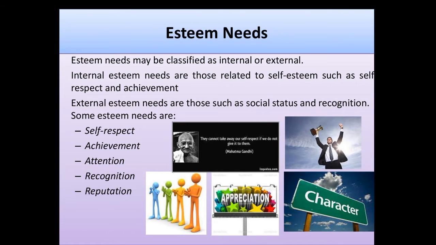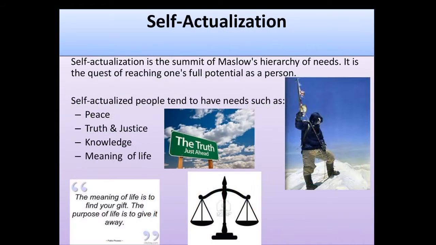Once these three needs are satisfied, the fourth need is this: self-respect, achievement, attention, recognition, reputation. These are the things you will be expecting after the three needs are satisfied; only then will you look for the fourth need, esteem needs. And once this need is satisfied, then you will go for self-actualization, where we'll be talking about knowledge, truth and justice, and the meaning of life.